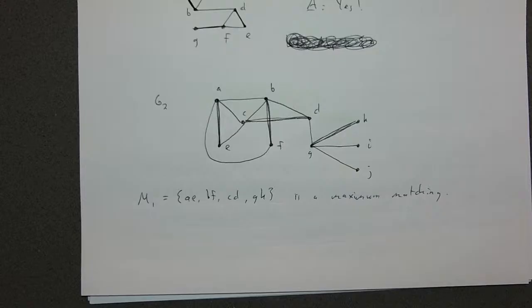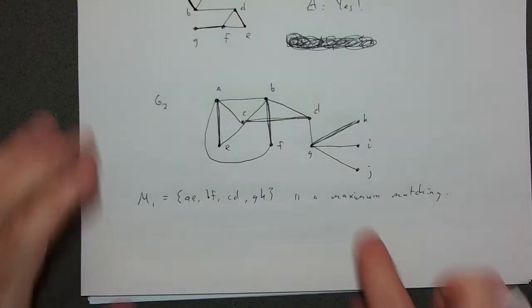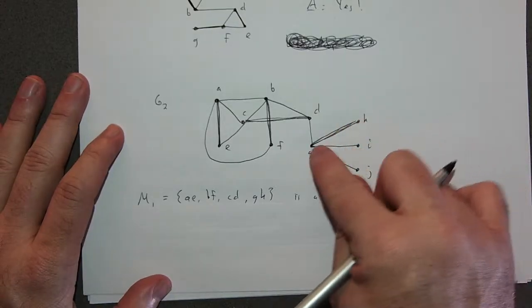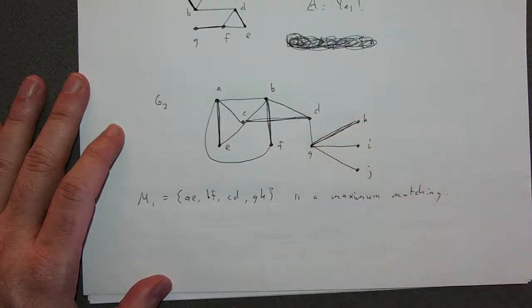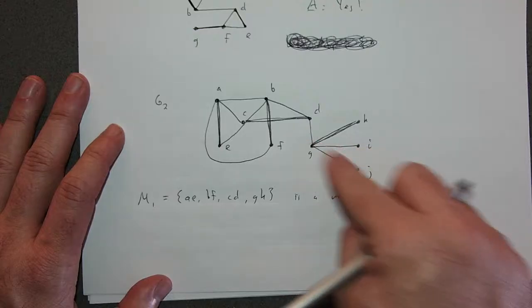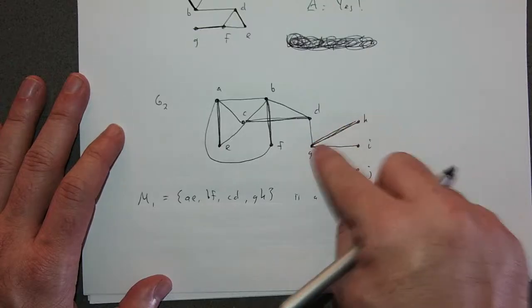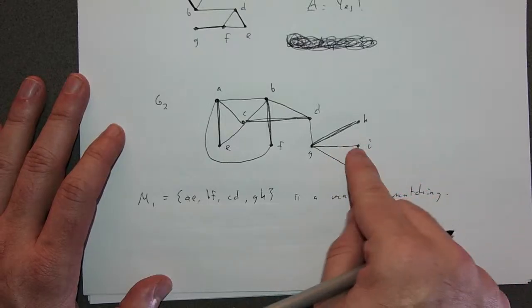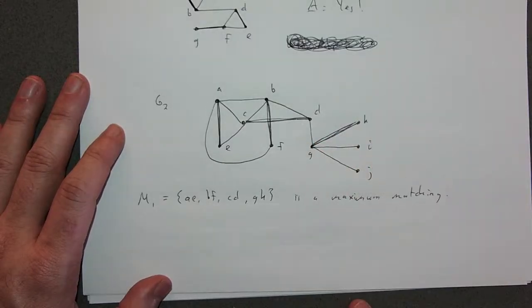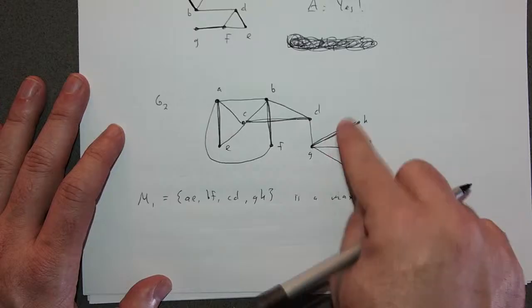Right? So why? Well, the reason that it is a maximum matching is because of this claw thing going on here, right? Only one of these edges can show up. So of these three edges here, only one of them could show up in a matching, because if any of the others showed up, then they would share a vertex. It wouldn't be independent, right? So only one of these can show up.